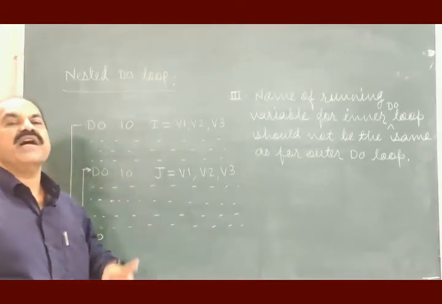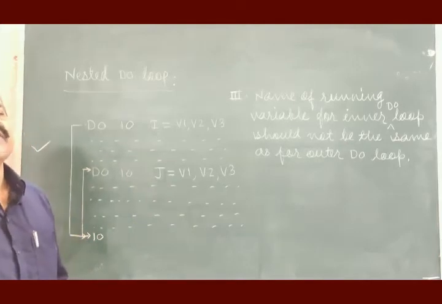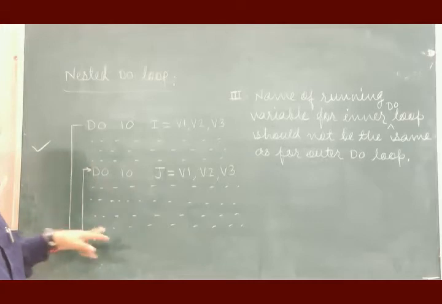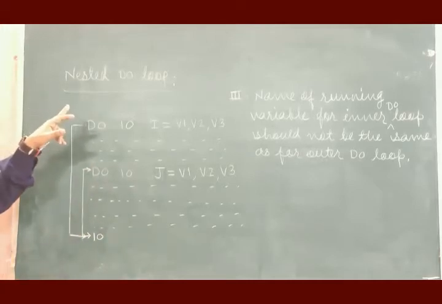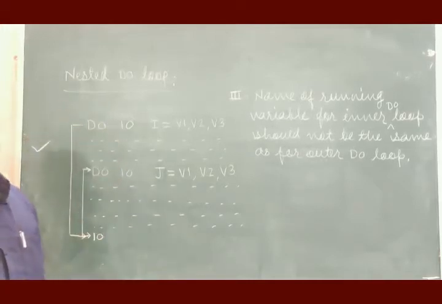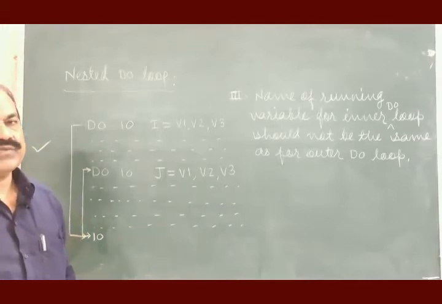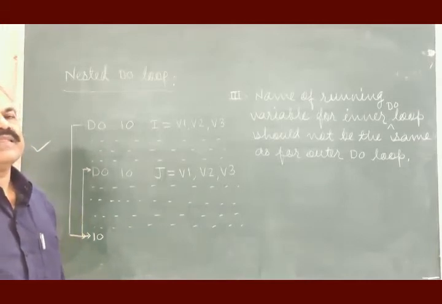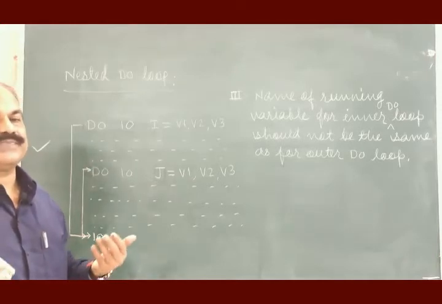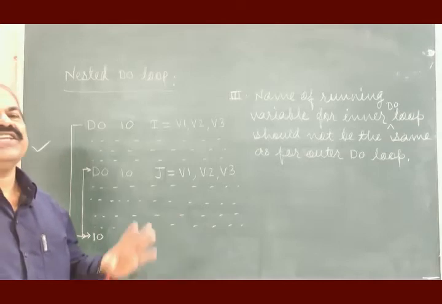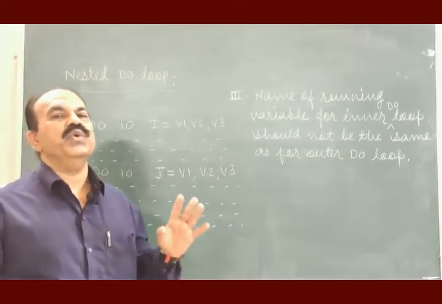This is allowed. This is the third rule that we must remember and use while constructing nested do loops.